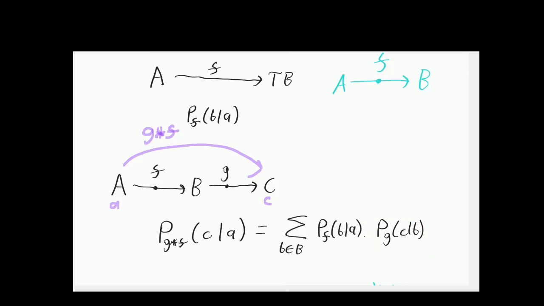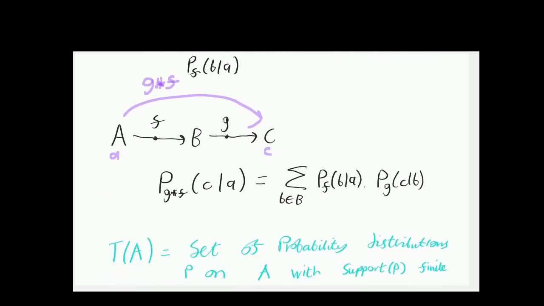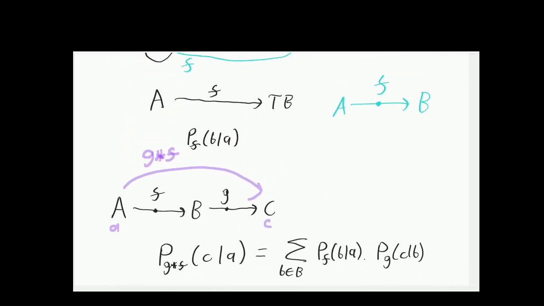We just add over all the possible intermediate points that we could encounter when we're composing these two stochastic maps. And so there you have it.